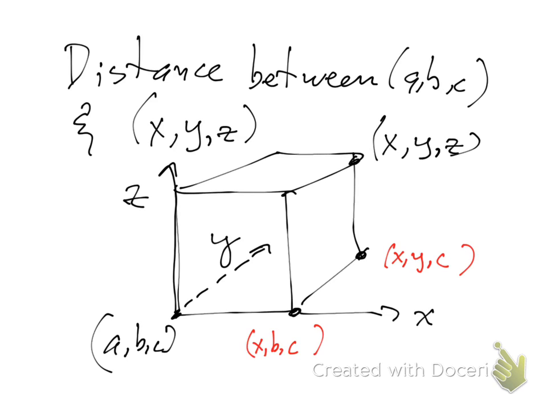So then, this distance on the square is X minus A. This distance on the square is Y minus B. And this distance on the square is Z minus C. So now we know those lengths. So now I should be able to figure out the diagonal distance between my 2 points.